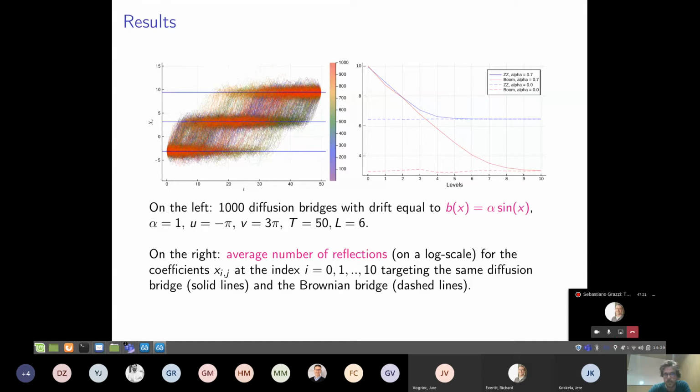If you naively proposed a Brownian bridge as a proposal for this diffusion bridge, the method wouldn't work.